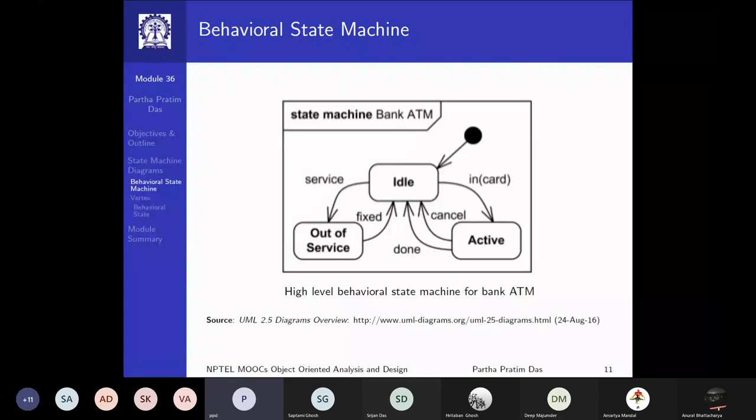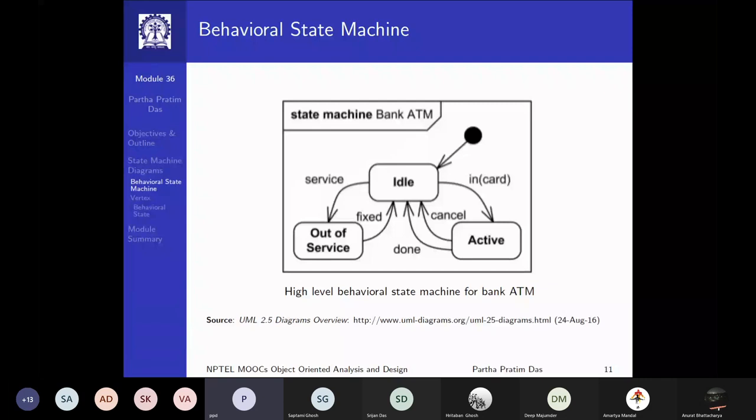If the card has been put in, whether the pin has been given or not. So you can think about a lot of subsequent states involved in the machine remaining active. There cannot be an absolute definition of what a state is. It depends on the level of abstraction that you want to look at, right?